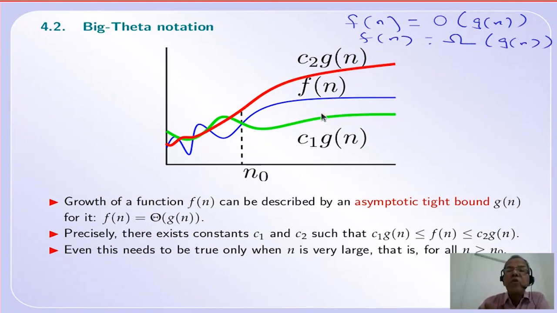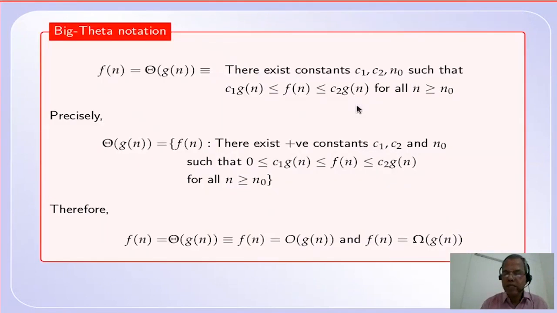Suppose we can find two constants c1 and c2 such that c2 times g of n is an upper bound for f of n and c1 times g of n is a lower bound for f of n, then we say g of n is a tight bound, an asymptotic tight bound. F of n and g of n are almost equal asymptotically. Okay, that is the definition of big theta.